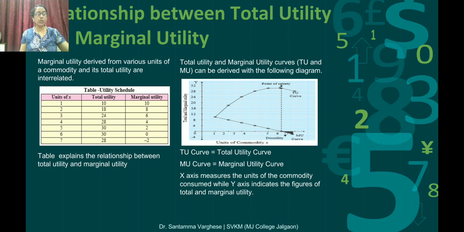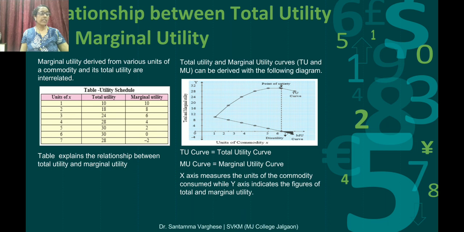So when total utility is 30, the marginal utility is 0. First it was 30, the marginal utility was 2, then again in the 6th unit it became 30 and the marginal utility is 0. So the marginal utility curve touches the x-axis.